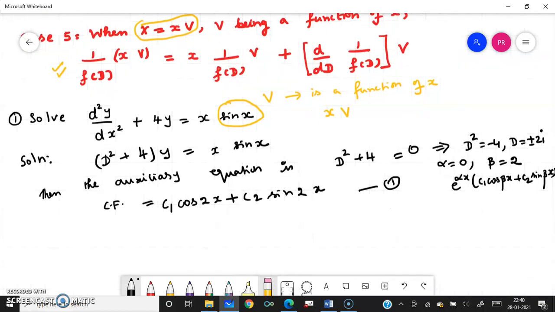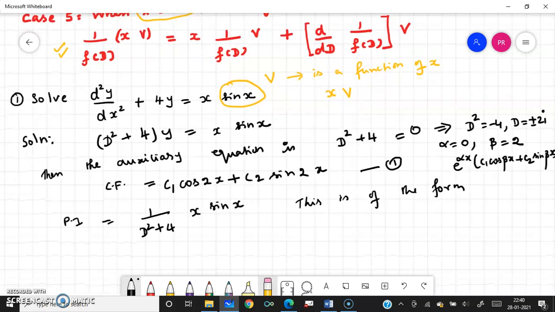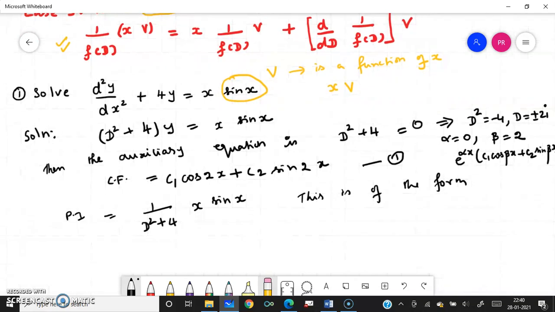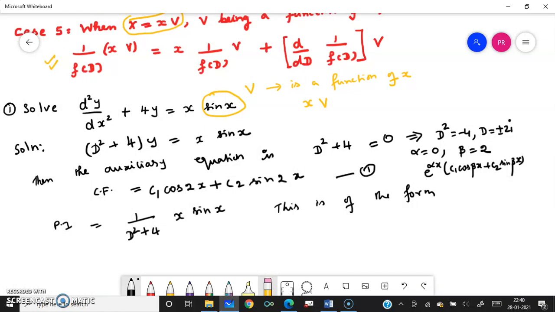Now we go to the particular integral. What is my particular integral? It is nothing but 1 by D square plus 4 on x into sin x. So this is of the form 1 by f of D into v x.